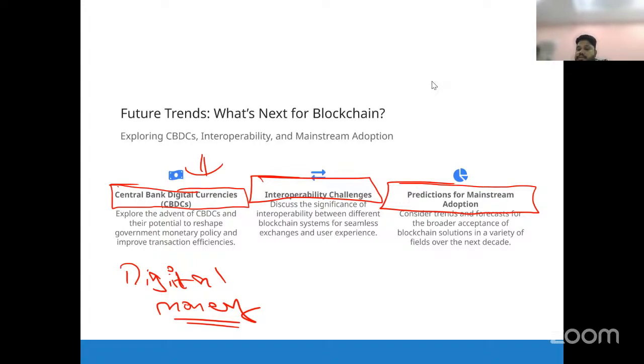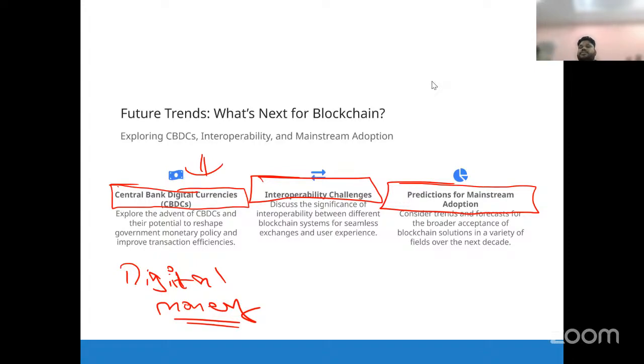How do CBDC differ from traditional cryptocurrencies in terms of security, control, and privacy? See, CBDC is totally available on the blockchain platform. If you compare it with cryptocurrency, both are the same in that sense.